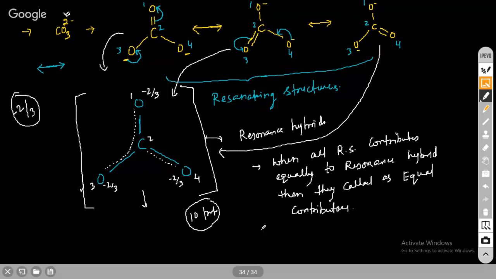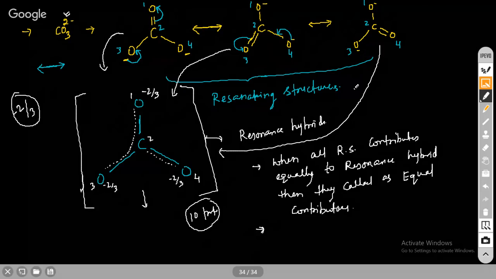Okay. If one resonating structure contributes more than the others, then it is known as a major contributor, right? If they contribute equally, then they are equal contributors. If one of the resonating structures contributes more than the other structures, then that particular structure we call a major contributor, and all the others are minor contributors.